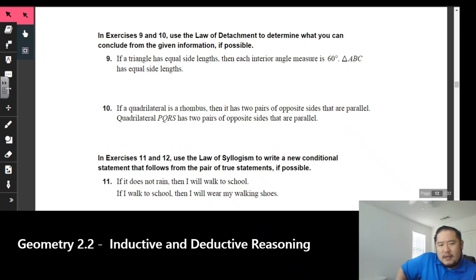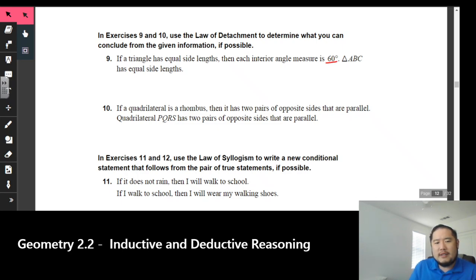So number 9 states this: if a triangle has equal side lengths, then each interior angle is 60 degrees. Triangle ABC has equal side lengths. Okay. So what we can conclude right here is that based off of this statement, if a triangle has equal side lengths, then each interior angle is 60 degrees.